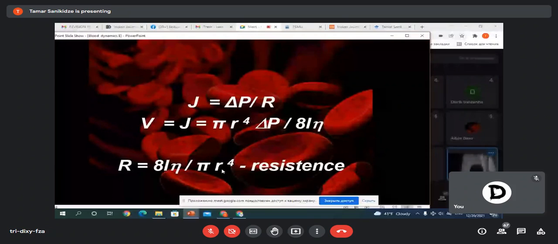This parameter R is known as the resistance of the blood circulatory system.